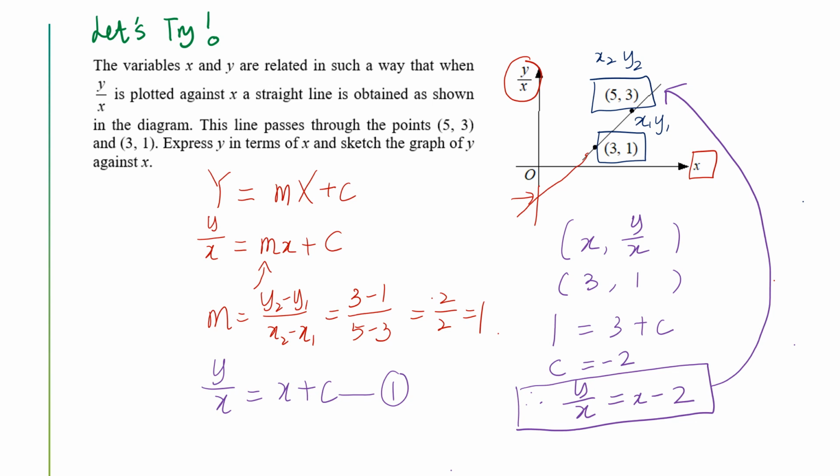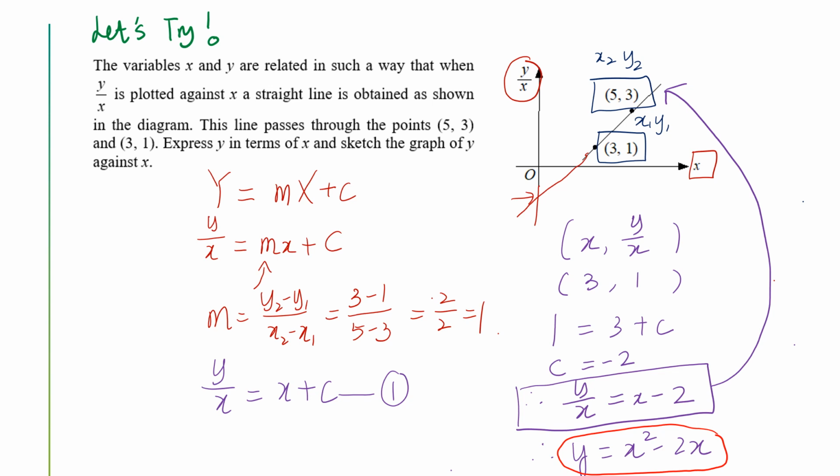So you need to express y in terms of x. To make y the subject, you just multiply every term by x throughout. So you will have y equals x squared minus 2x. So how do we sketch this graph? y equals x squared minus 2x is a quadratic curve. For a quadratic curve, we need to know whether it's a U shape or an N shape.